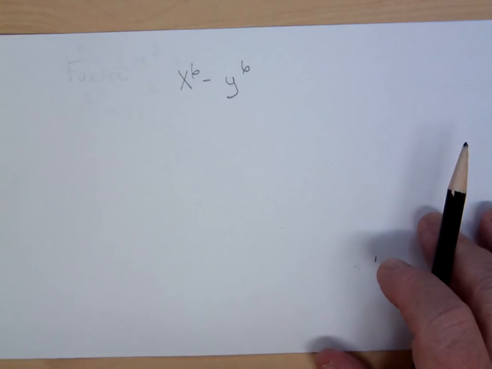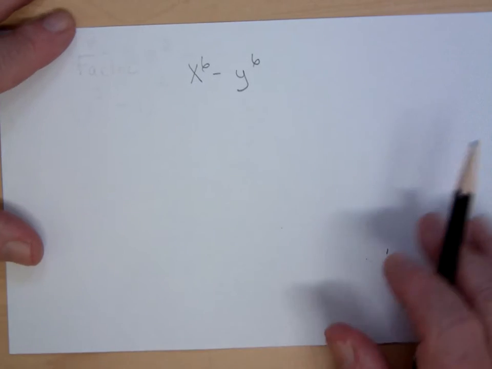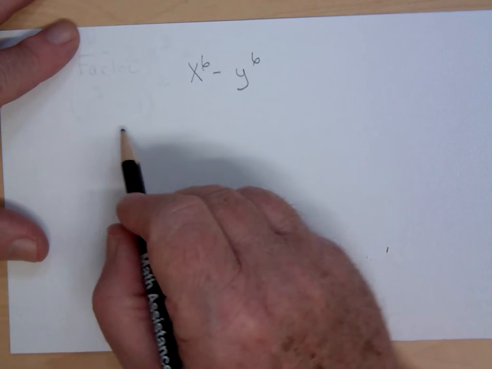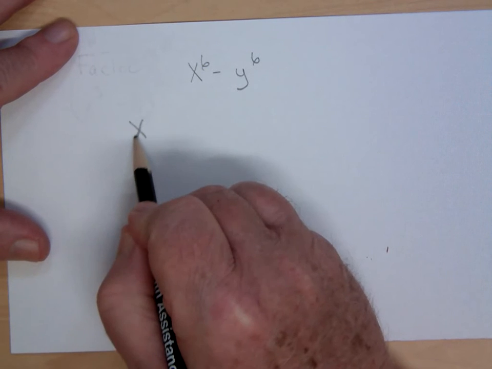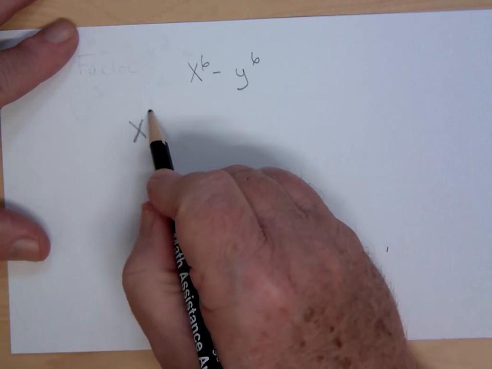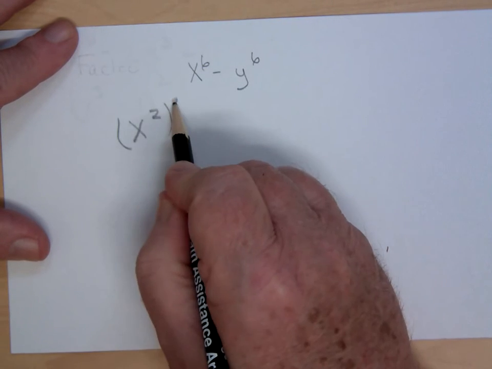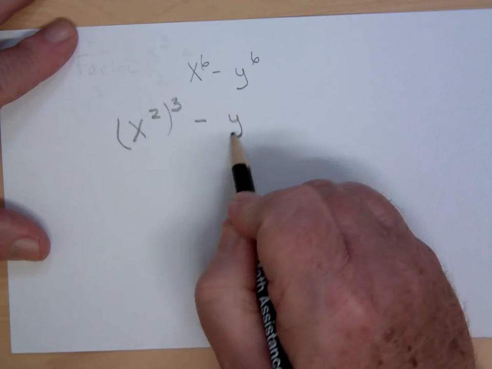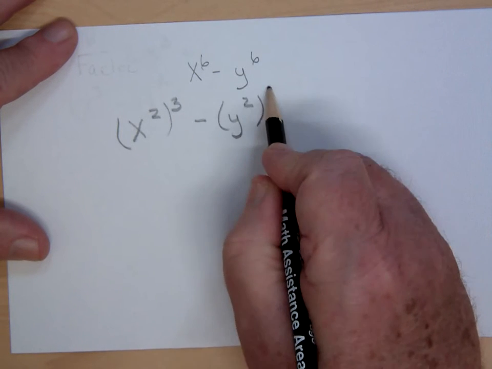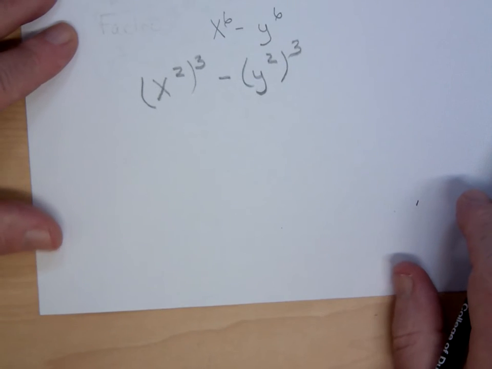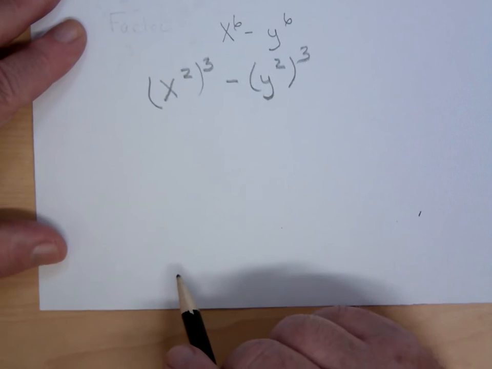Another example is this one, where we're going to realize that this is the same thing as x squared whole cubed minus y squared whole cubed. So I need to factor this until I can't factor it anymore.